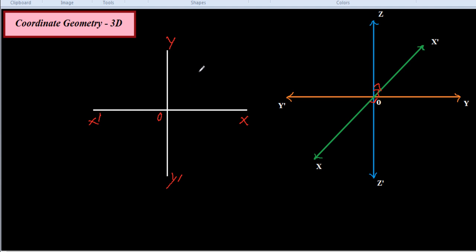This is the first quadrant, this one is the second quadrant, this one is the third quadrant, and this one is the fourth quadrant. So we have 4 quadrants.